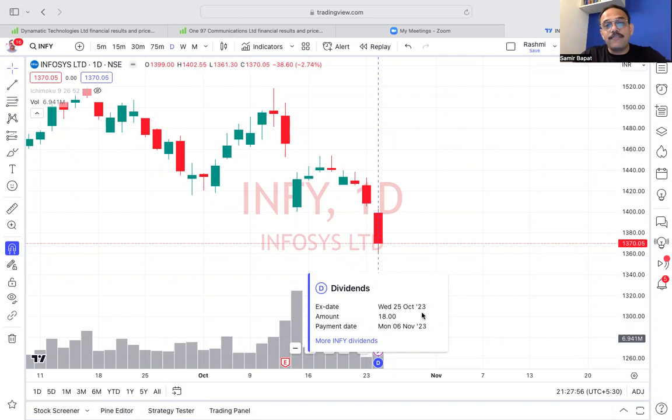If you buy on 25th October, you will not get the dividend. Please note, the share should be in your demat account, because if the trading settlement is T plus 1, if you buy on 25th, you will get the share on 26th. Some shares are T plus 2. So if you buy on 25th, your name is not in the registrar, and you will not get the dividend. Whoever has the share in their demat account on 25th October is eligible to get the 18 rupees.